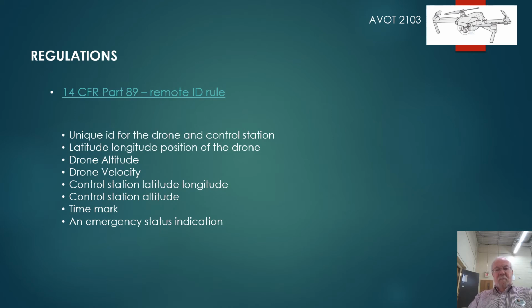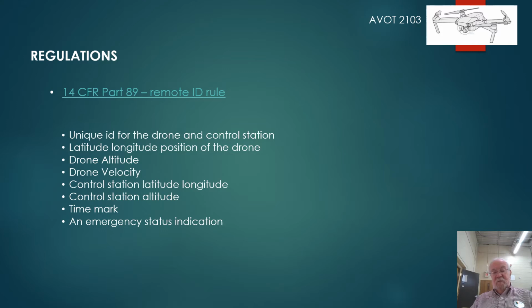The purpose of the rule is that the FAA is doing their best to integrate drones into the national airspace system safely. Because again, they're interested not only in safety primarily, but also in providing or encouraging commercial aviation, and part of that is drones.